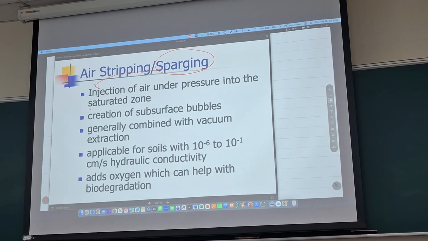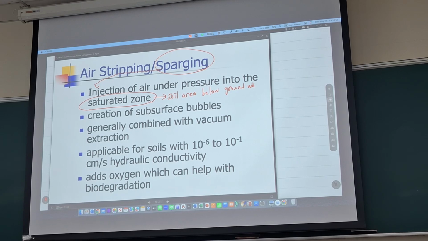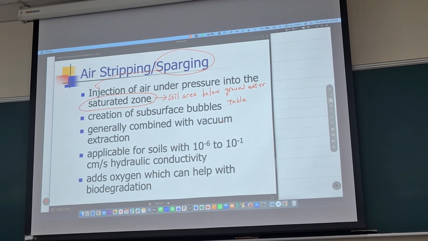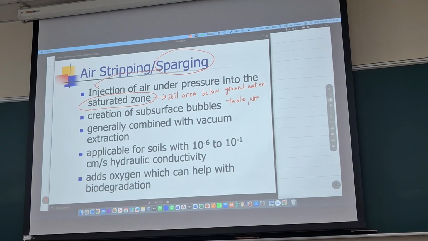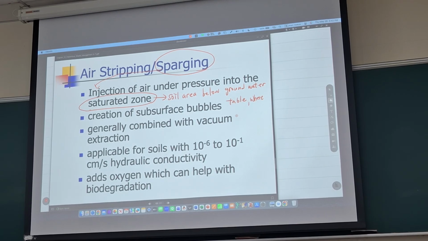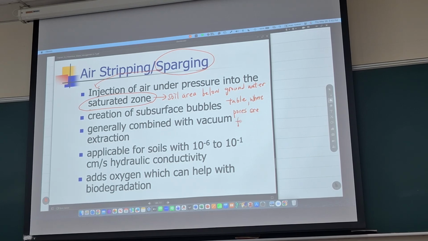The saturated zone means the soil area below the groundwater table, where the pores of soil are filled with water.